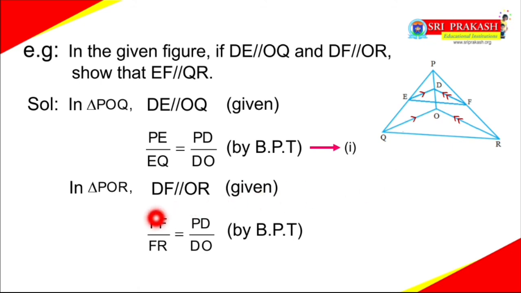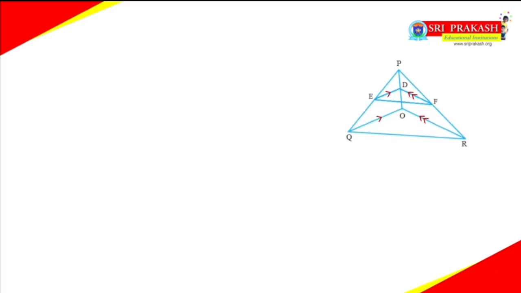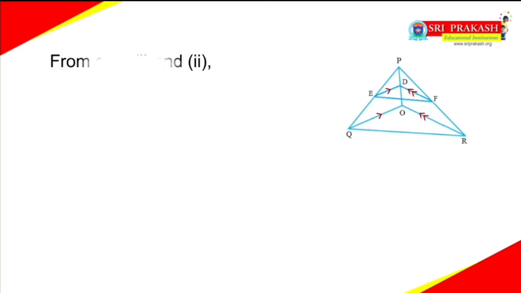Now, let us consider it as equation 2. Children, by comparing equations 1 and 2, we get PE by EQ is equal to PF by FR, since the RHS of equations 1 and 2 are equal.